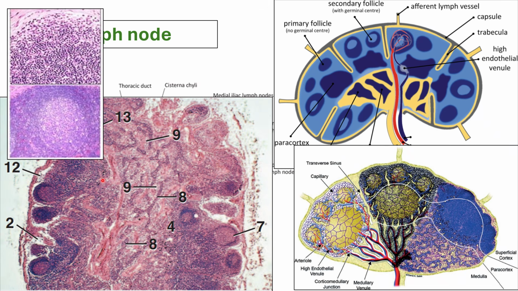And then in the paracortical area, or the layer before the medulla, this is where the T cells from your thymus actually travel to. So this area is where your T cells are, okay. And then the medullary area is the combination of your T cells, B cells, even your macrophages.